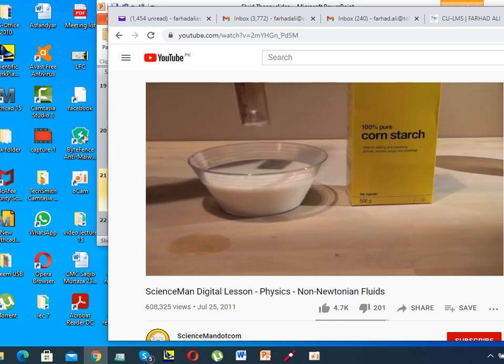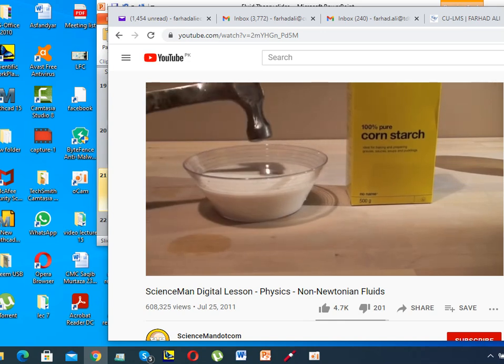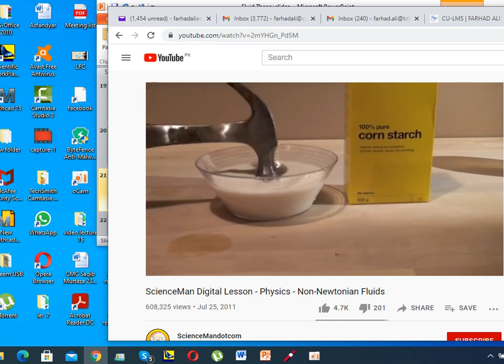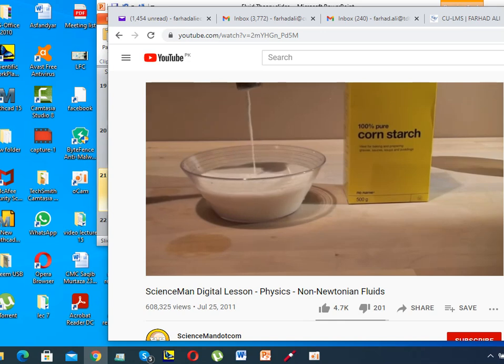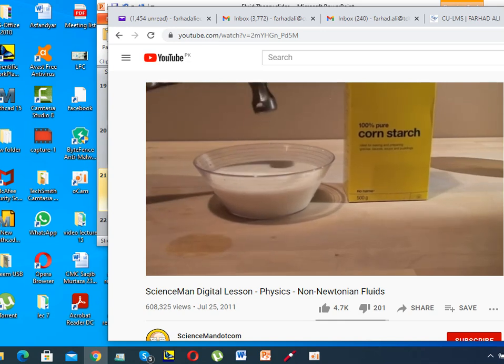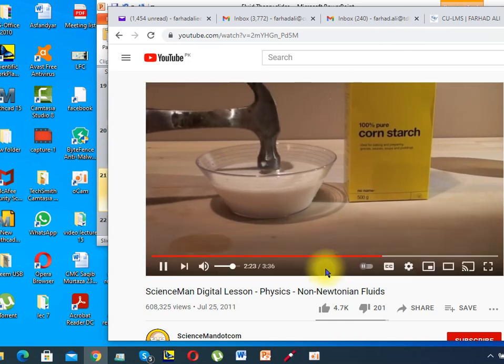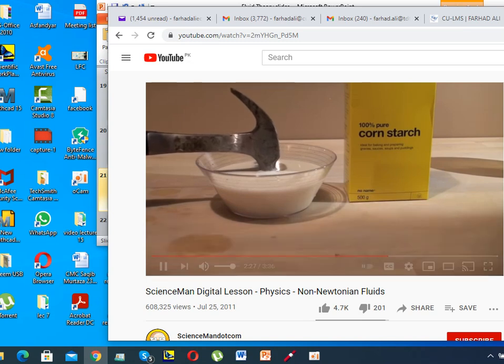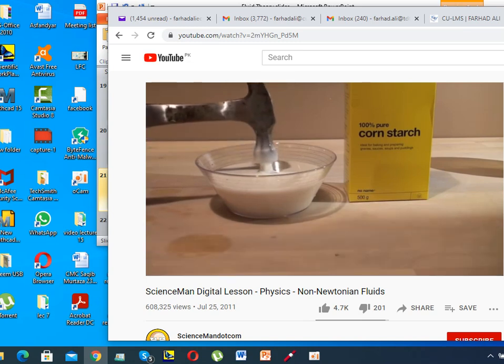Hammering the fluid with even more force produces even more resistance to flow. Because a cornstarch solution's viscosity changes with an applied force, it is a non-Newtonian fluid. Unlike a Newtonian fluid, applying forces to this non-Newtonian fluid causes its particles to behave more like a solid.